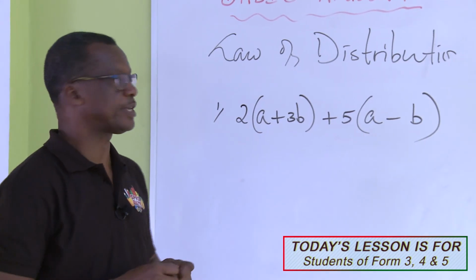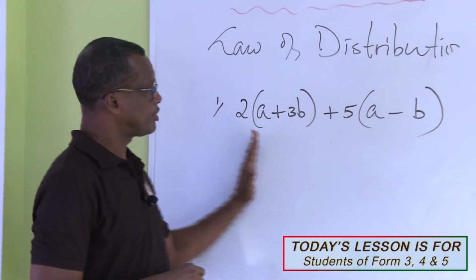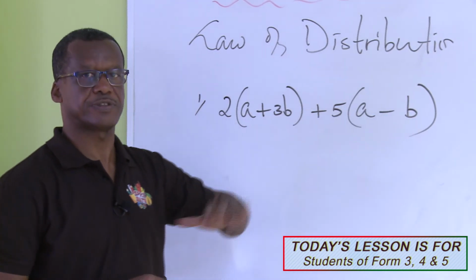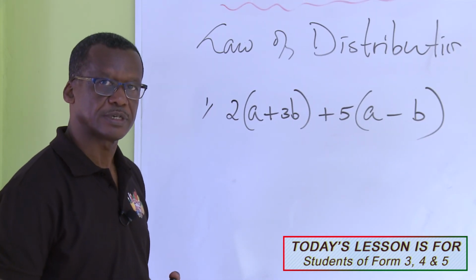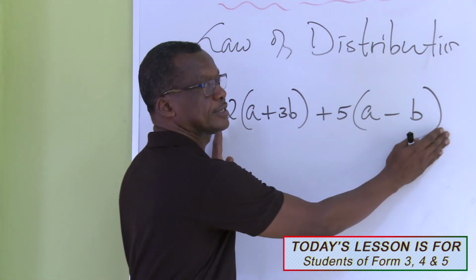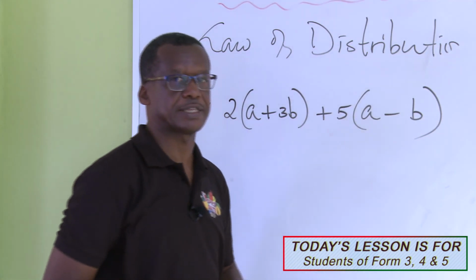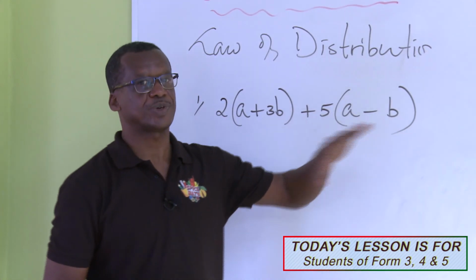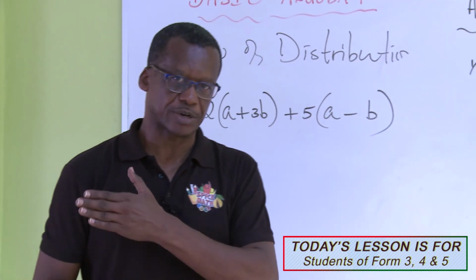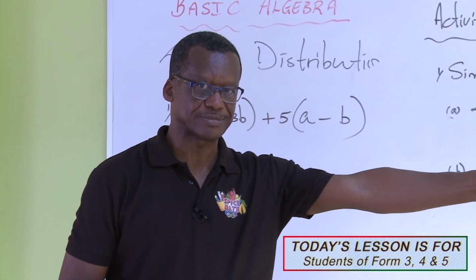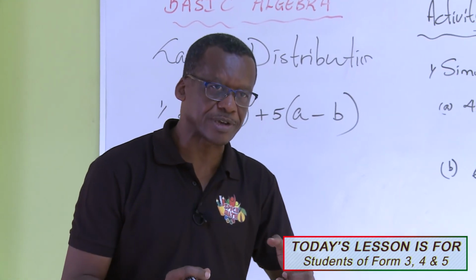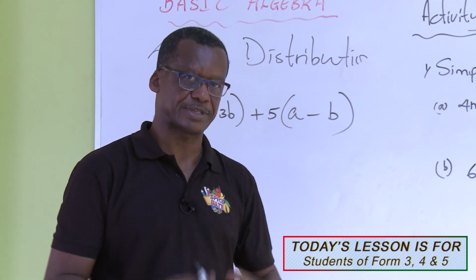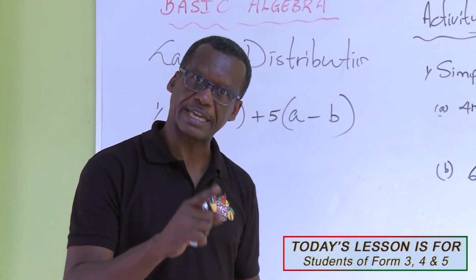So let's look at this example here. This is an expanded version of the law of distribution. In other words, we have two sets of brackets that are linked together by a plus sign. So in this case, what we're going to do is we're going to apply the law of distribution across the entire expression, and then we're going to come and bring the like terms together, keeping the sign.